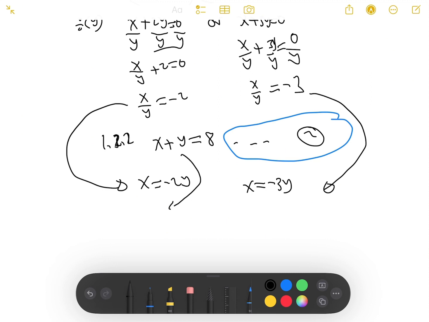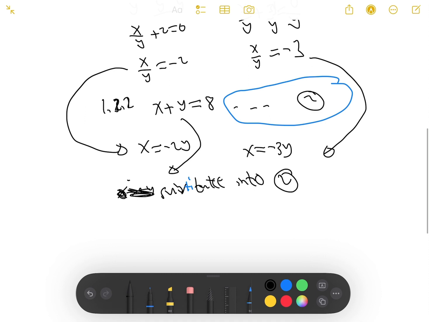Let's call it equation 2. We can substitute into equation 2.